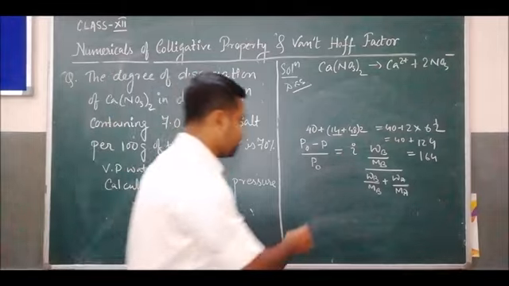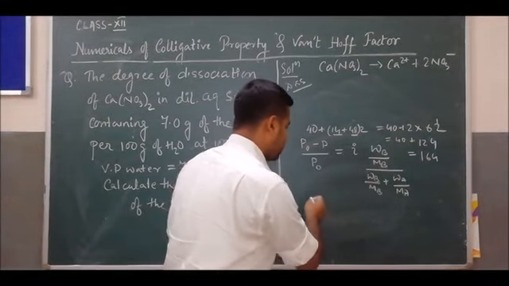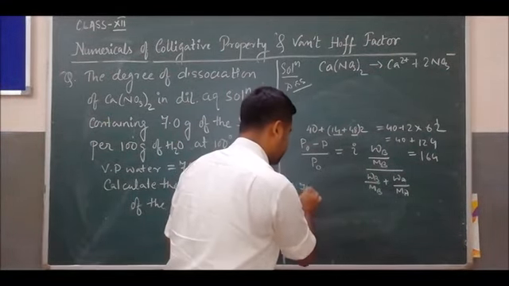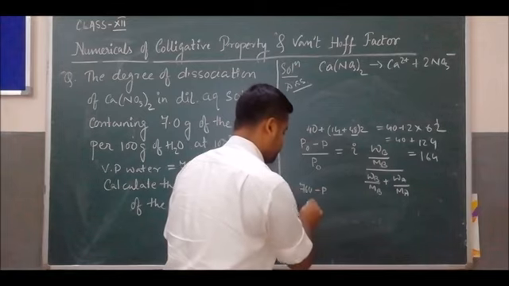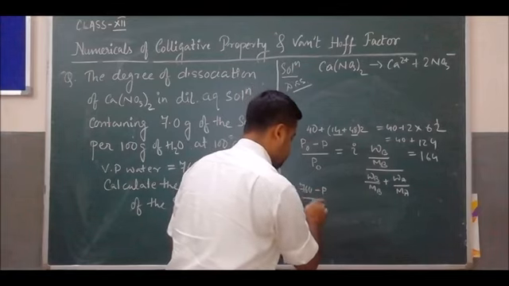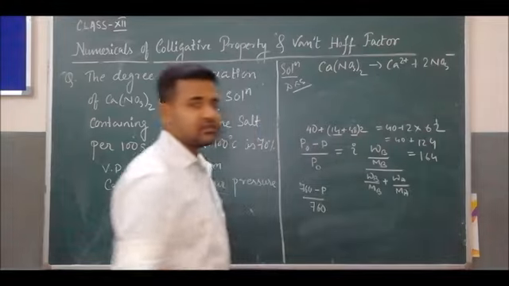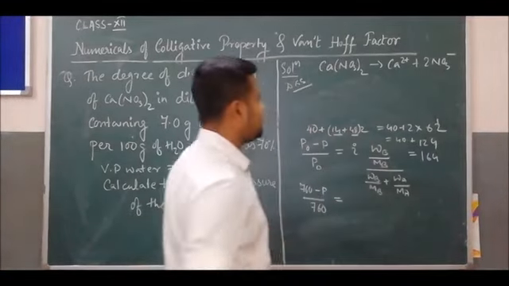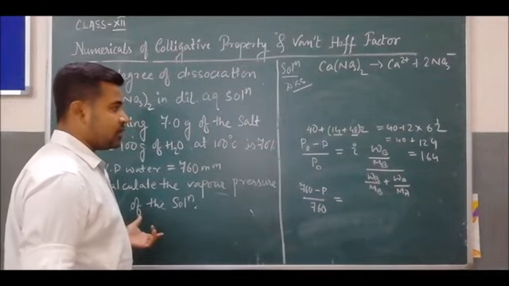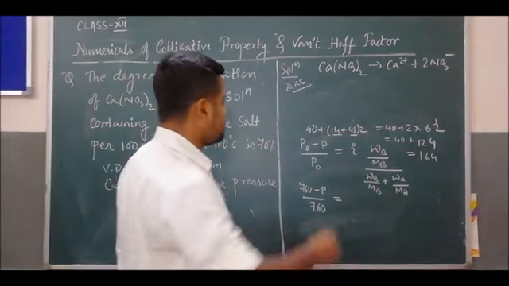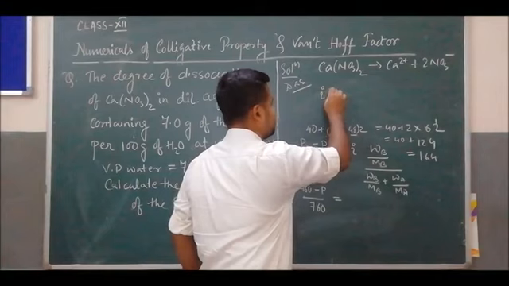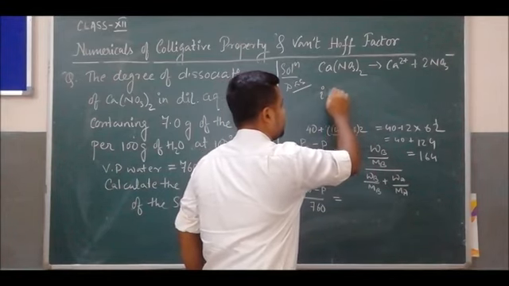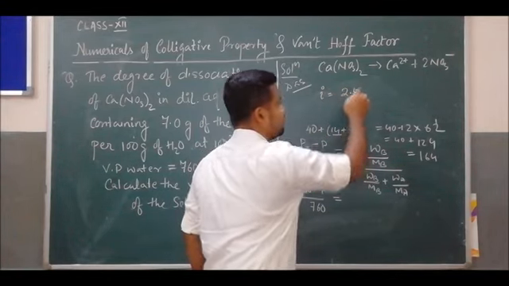Clear? So if we put the values, P naught is 760, so (760 minus P) by 760. Then the i value we have calculated in the starting, i equals 2.4.